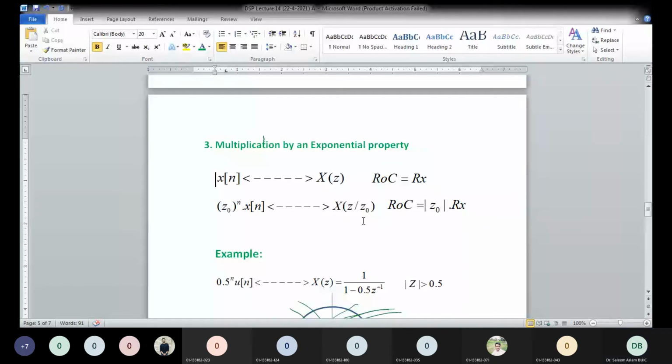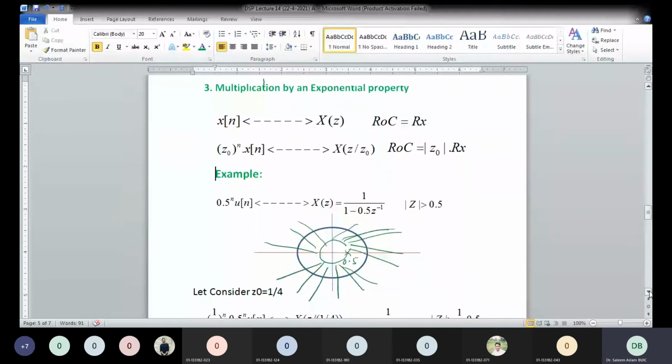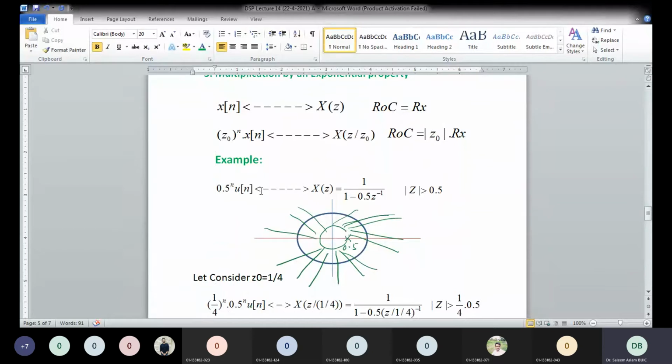So let's solve an example to clarify the concept. Let's take the same example, 0.5 to the power n u of n. Its Z transform would be 1 over 1 minus 0.5 z inverse with |z| greater than 0.5. So in this case, we have a pole at 0.5 and the ROC would be outward of the pole location.